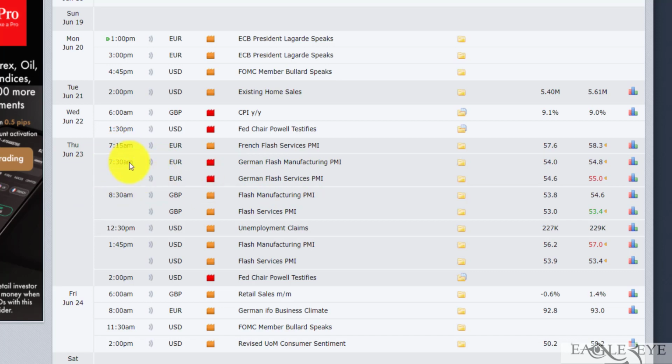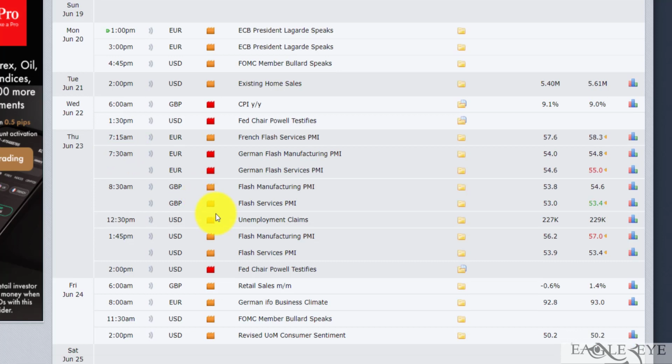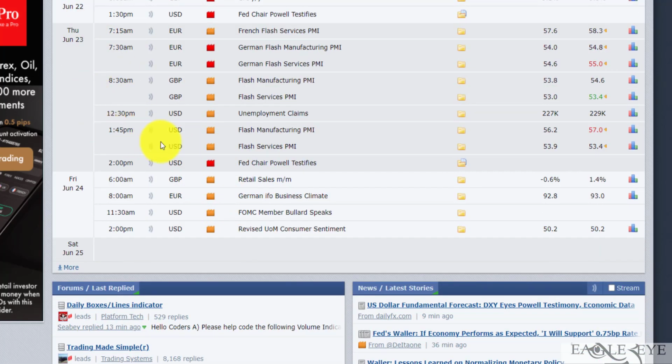Then around 1:45 to 2 o'clock there's some mid impact news on the dollar. Powell is to testify again, and I think we're almost done.